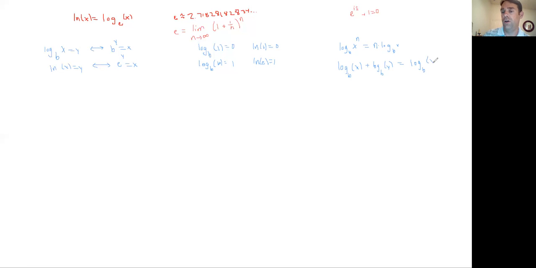Or I could go the other way. If I'm multiplying 2 things, I can expand it and write it as 2 separate logs. And likewise, if we add logs, that can be multiplying the terms, whereas if we subtract them, that would be the same thing as dividing the terms. So we have all our little log rules. Those haven't gone away. We're still going to be using them.